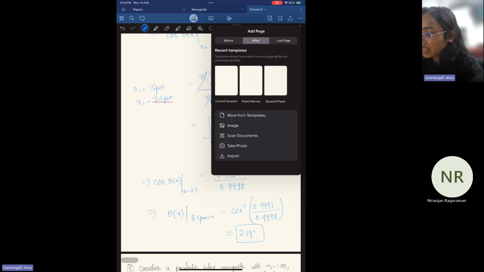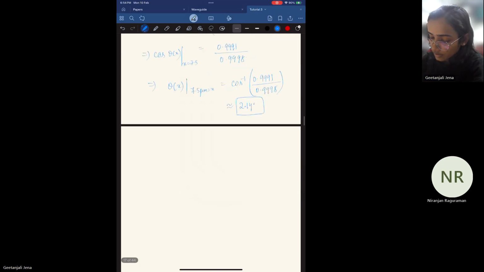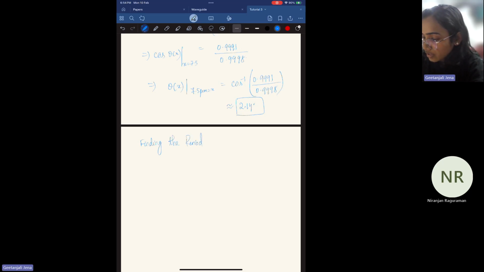So let us see what the period is for this case now. Finding the period of the ray. The period will remain the same because it depends on z_p, which is 2 pi over gamma. And if you recall, it is 2 pi a beta tilde over the square root of 2 delta over n1.